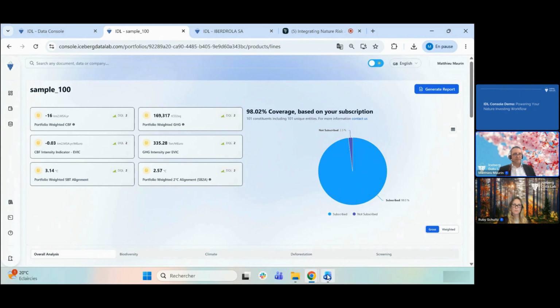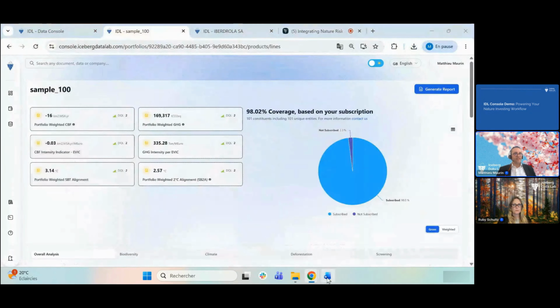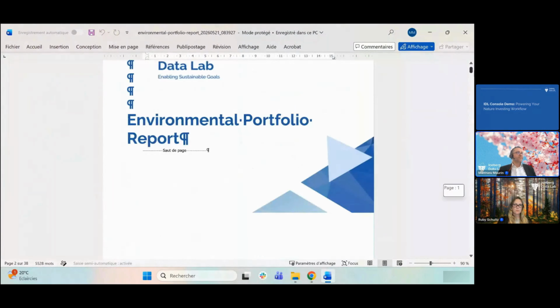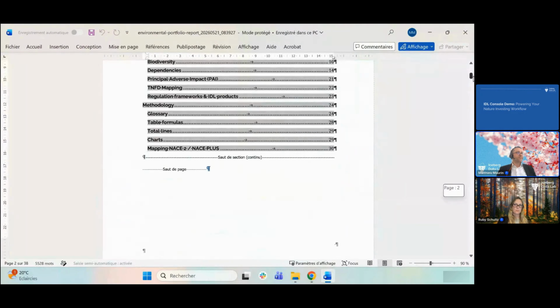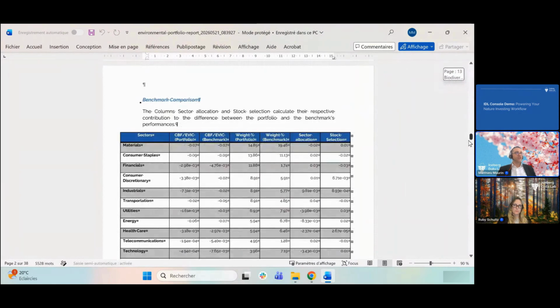Since I am a bit slow in terms of calculation and Wi-Fi today, I will show you the end result, which is generally produced in 3 minutes. And so you see here the portfolio with all the thematics, that's the generic portfolio, but especially a tab on biodiversity.